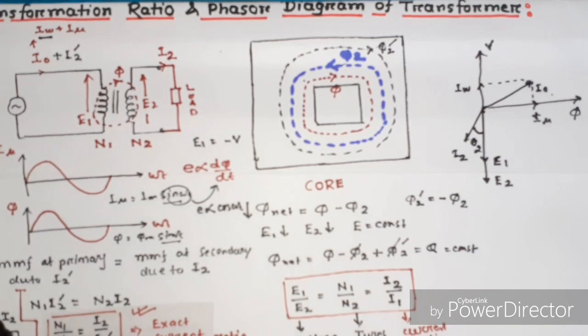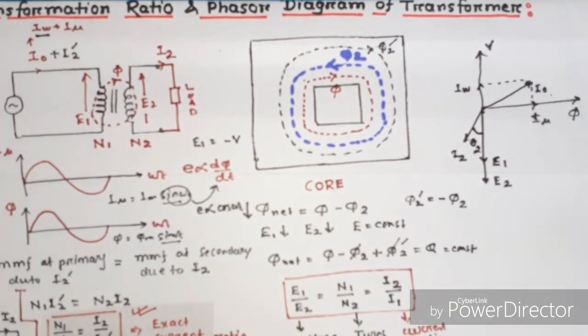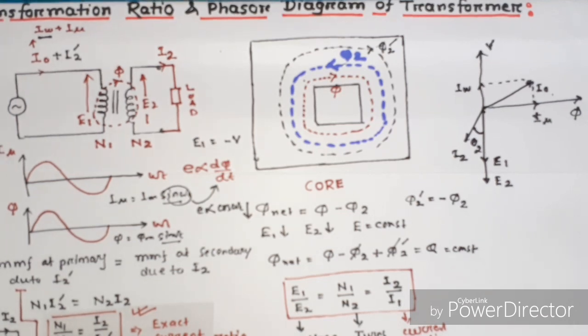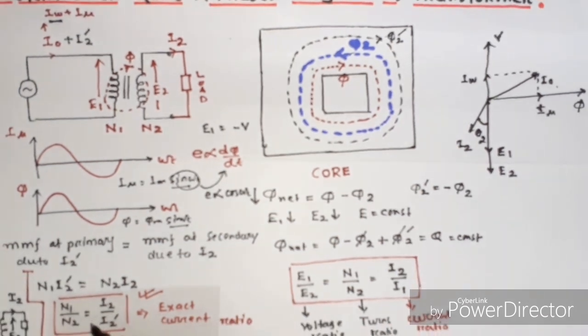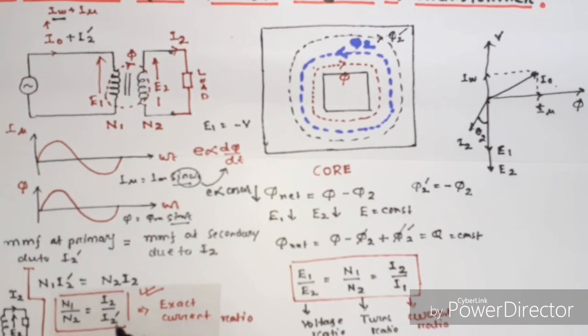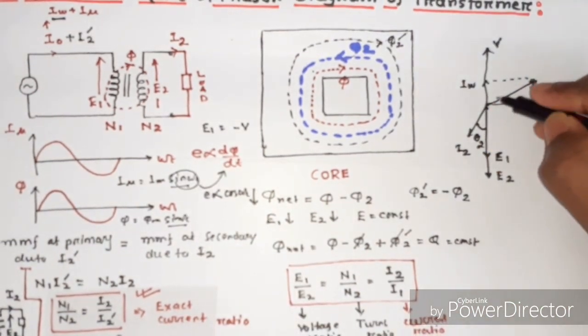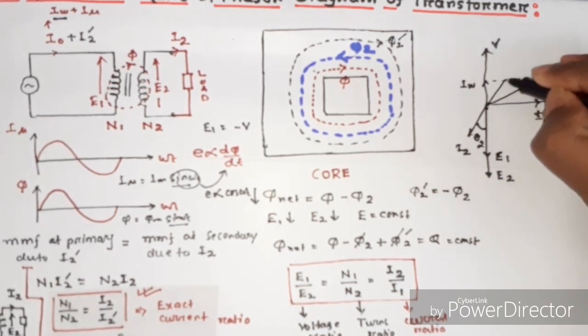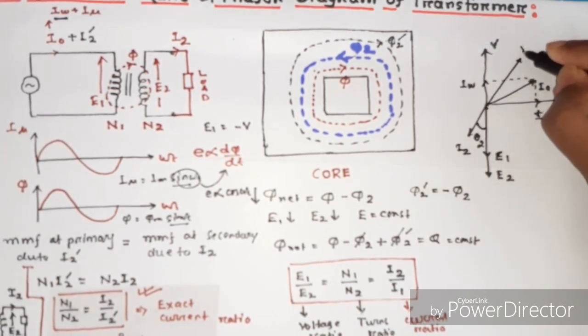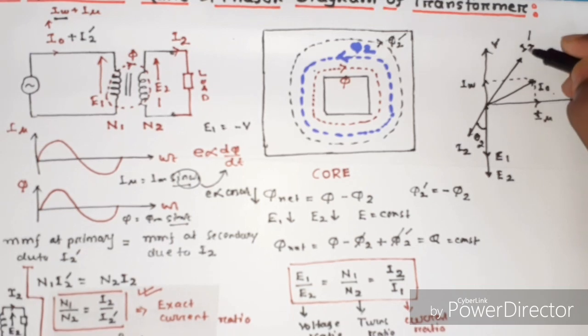Now, depending upon the number of turns N1 and N2, there will be a current I2 dash, which will be opposite to I2.